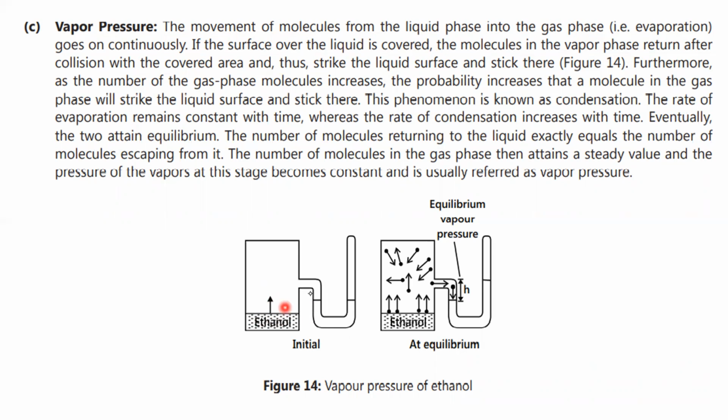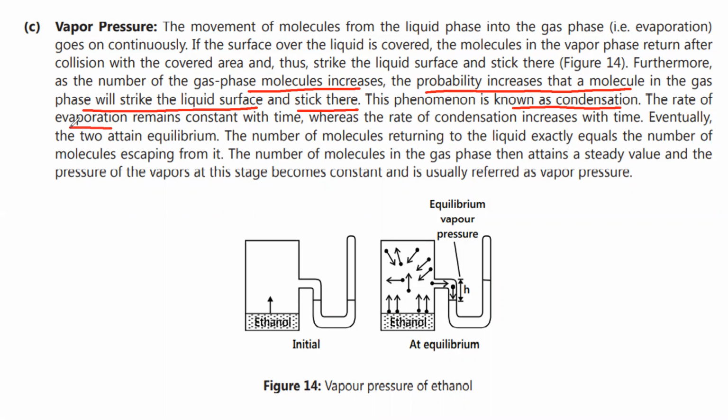This is the liquid phase. As the number of gas phase molecules increases, the probability increases that a molecule in the gas phase will strike the liquid surface and stick there. This phenomenon is known as condensation. First it is evaporation, second it is condensation.